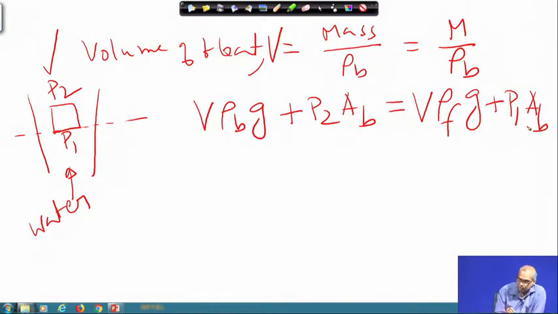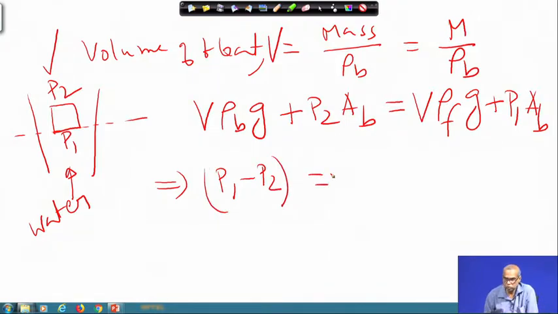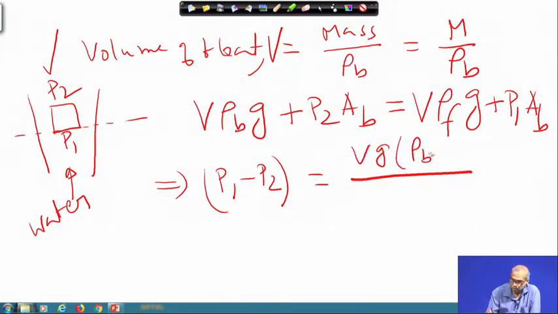So, from here we can rearrange this as P1 minus P2 is equal to V rho B g minus V rho F g, divided by AB. So, V g common, rho B minus rho F divided by AB.